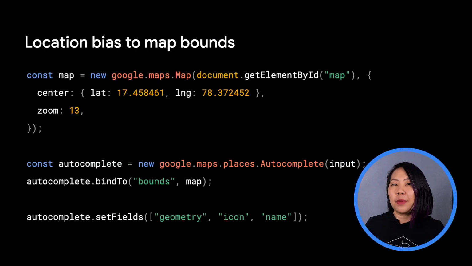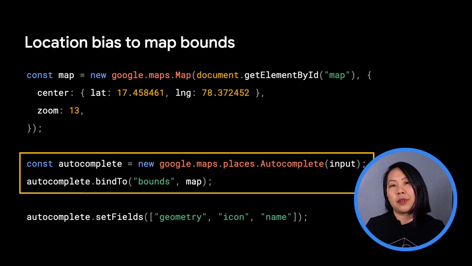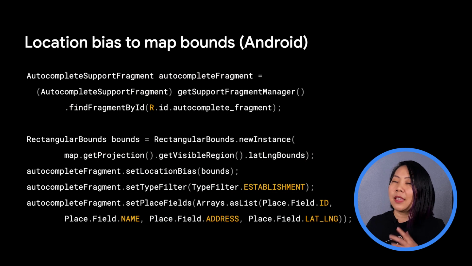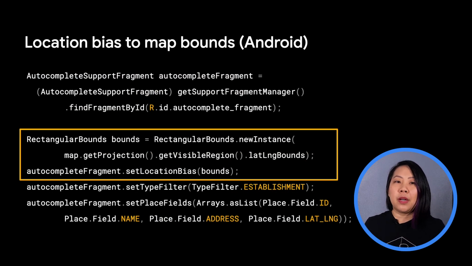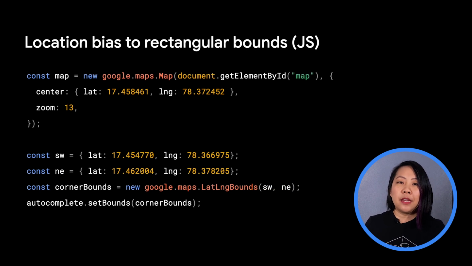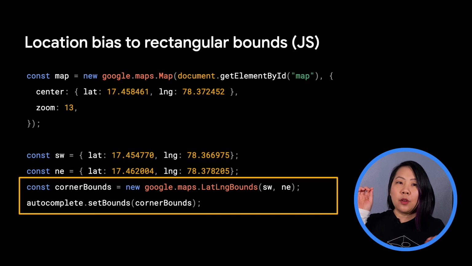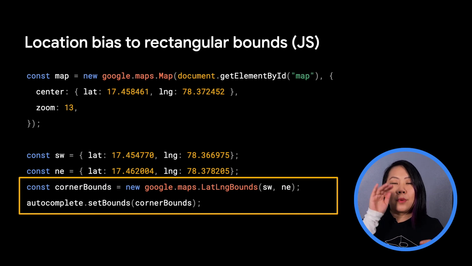First, define the boundaries of your location property. The easiest way is if you're displaying a map, capture the bounds of the map's viewport and set the location bias to that viewport's bounds. You can also define a rectangular boundary by specifying the corners or the north, east, south, and west latitudes and longitudes.